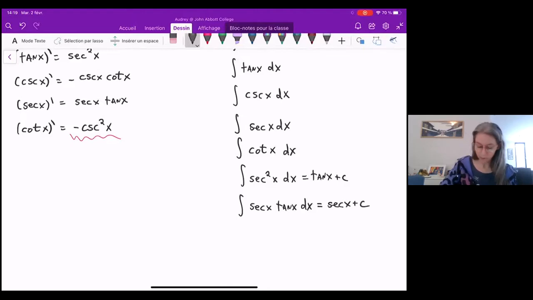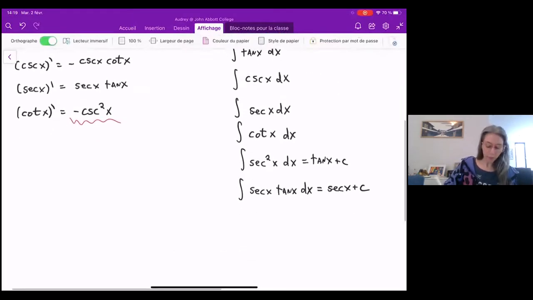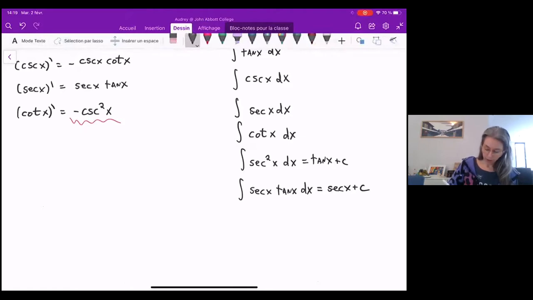So we have secant x plus a constant. And then we have two more. We have the integral of cosecant squared x dx. And we see that, well, negative cosecant squared is the derivative of cotangent. So this will be negative cotangent x plus c.